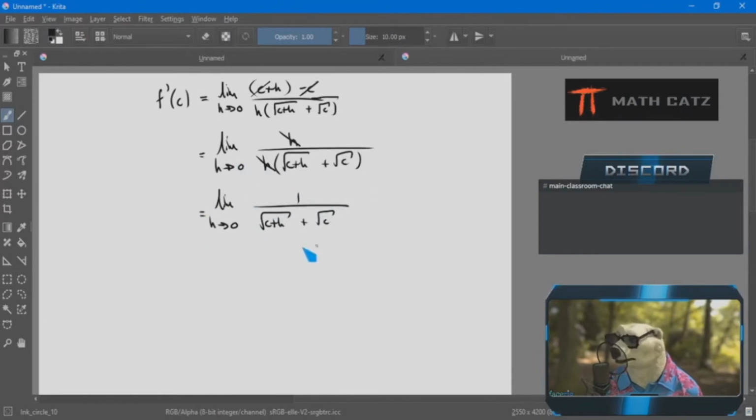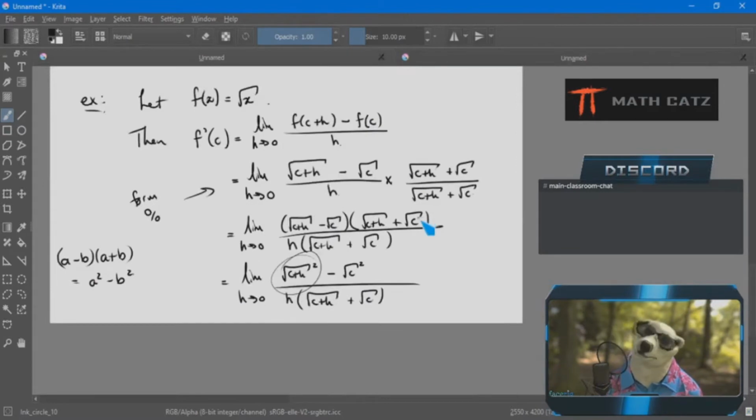So this is well defined, so to speak. It's defined at h equal to 0. The limit is just going to be what I get when I plug in 0 for h. And then I get 1 over 2 root c, because I have 2 of the square root of c.